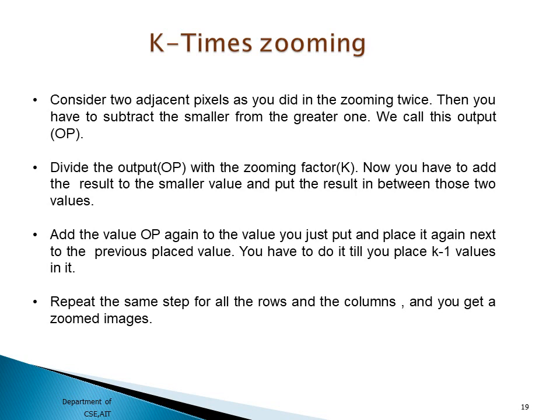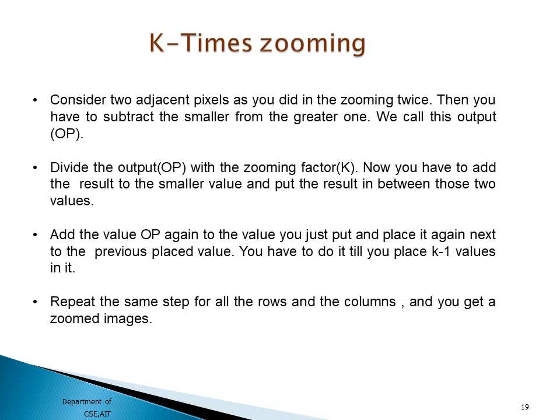If I want to zoom it once more, again I am going to add my OP value and place it next to the previous value that I had calculated. Like this I am going to repeat it for k minus 1 values. This can be repeated for the number of rows and the number of columns, and then you are going to get a zoomed image.